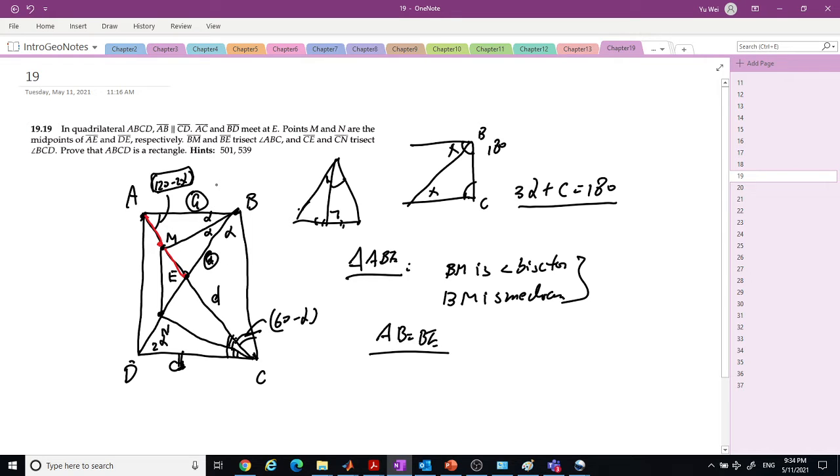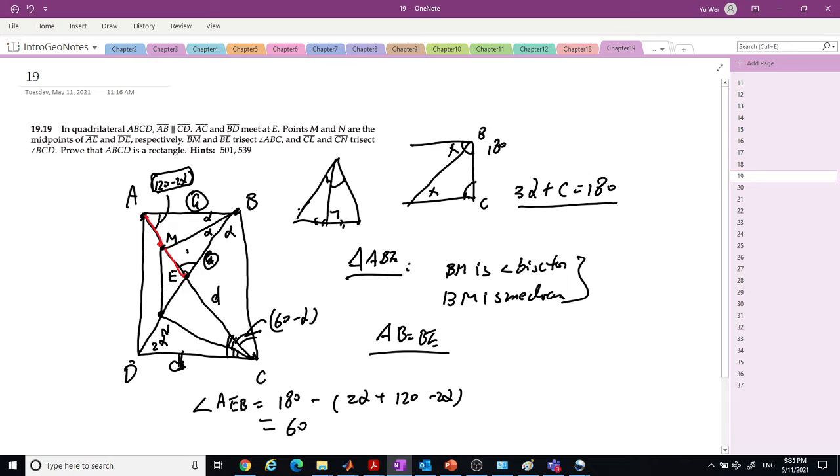Now, because ABE is an isosceles triangle, you can see what this angle is. Angle AEB is 180 minus the sum of 2 alpha and 120 minus 2 alpha, so it's 60.